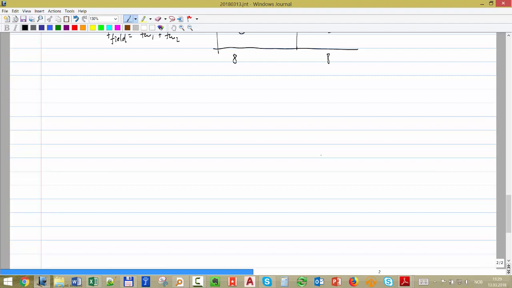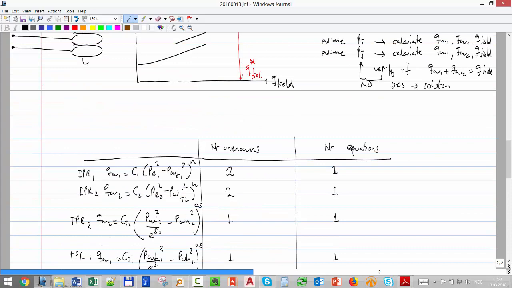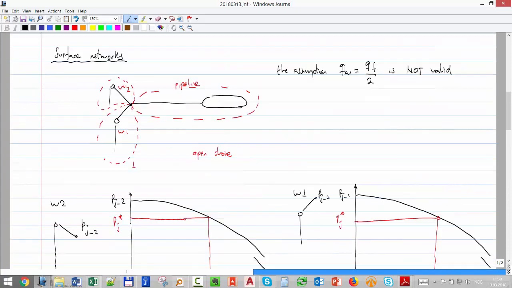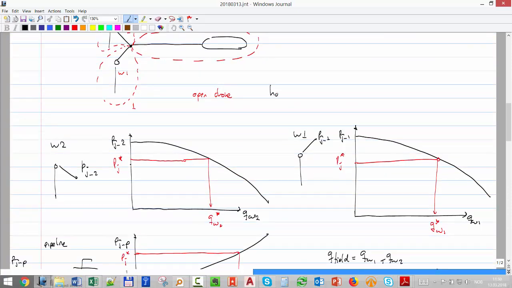Now I want to call your attention to something else. That was a calculation to compute the natural equilibrium point of this system.